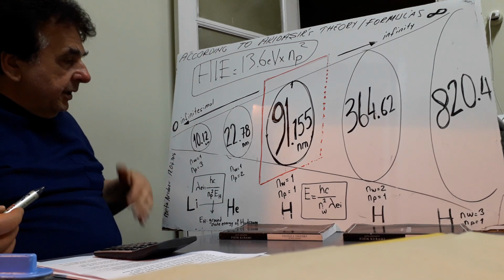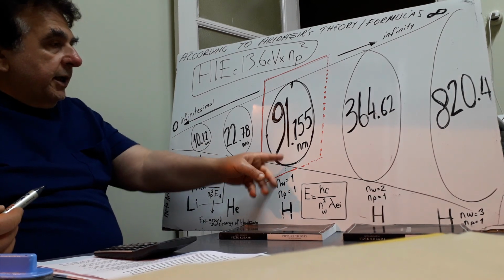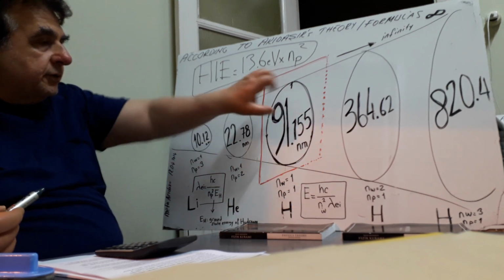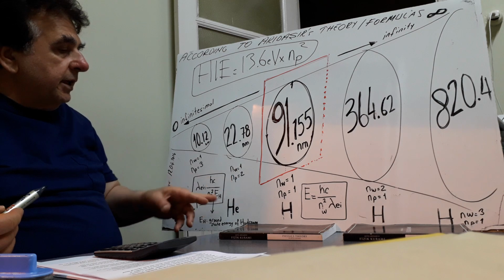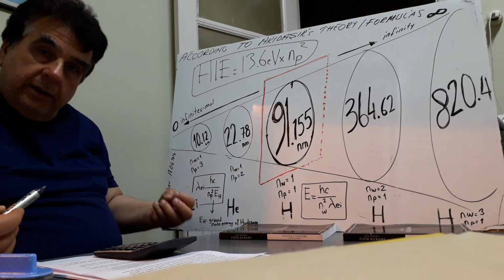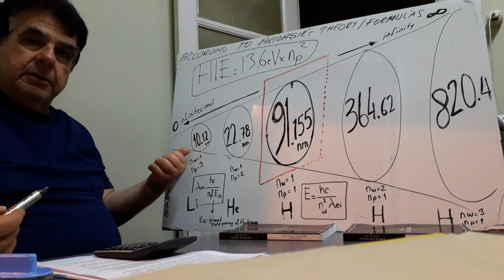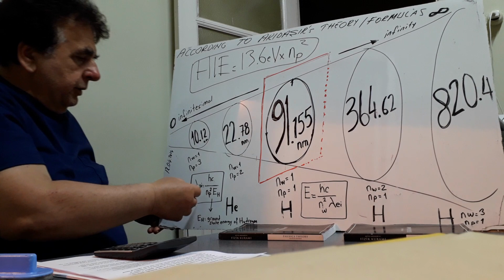Shrinks. When we add new proton, we make 91.155 shrink to 22.78. When we add helium, new proton, we make shrink this like this. Okay, this is formula.